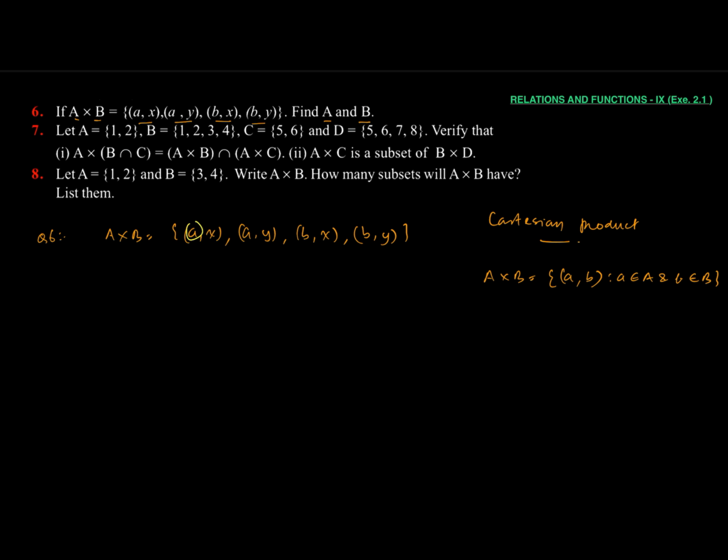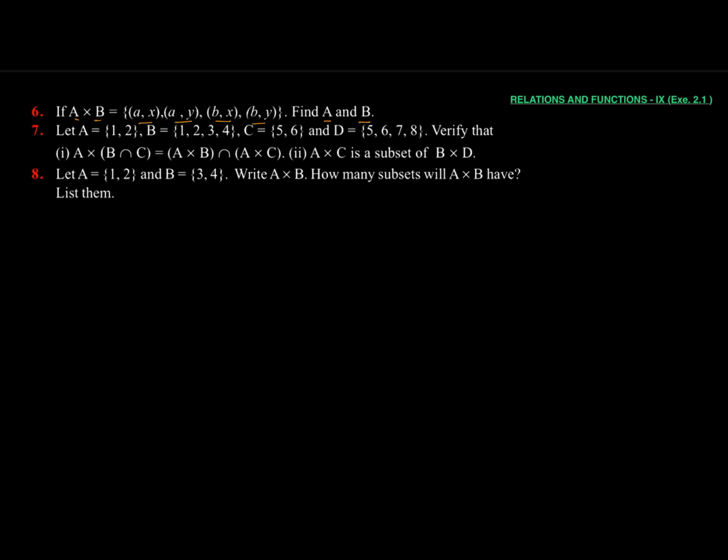So the first elements, that is elements a and b, they will belong to set A. As repetition of elements in a set is not allowed, we'll be writing each element only once. Similarly, set B will be having elements x and y.